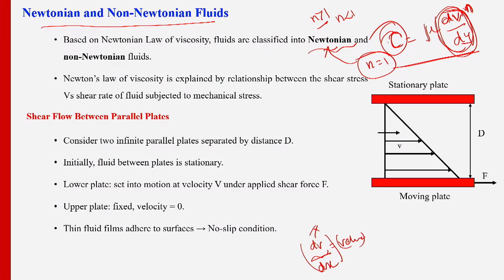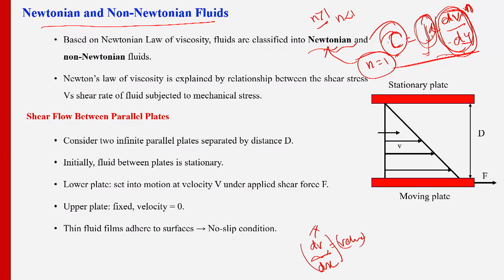So, here tau equal to mu of dV by dy or dx, whatever, just consider, and then the viscosity. If you say Newtonian fluids, this is almost always constant, because mu does not vary, but whenever it falls in non-Newtonian fluids, definitely the viscosity will vary.